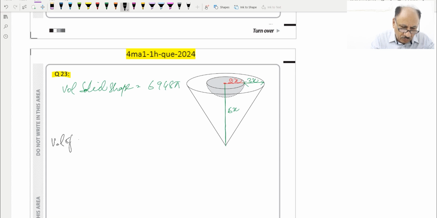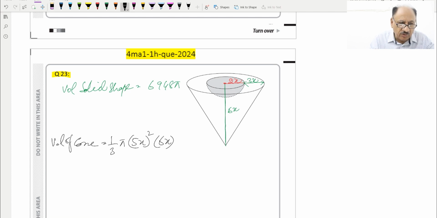Volume of cone is equal to what? 1 by 3 pi r square h. R is 5x, so 5x square into h, which is 6x.